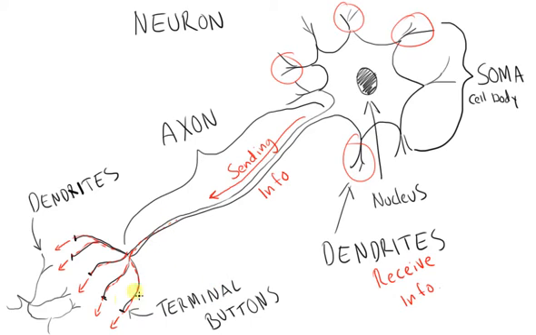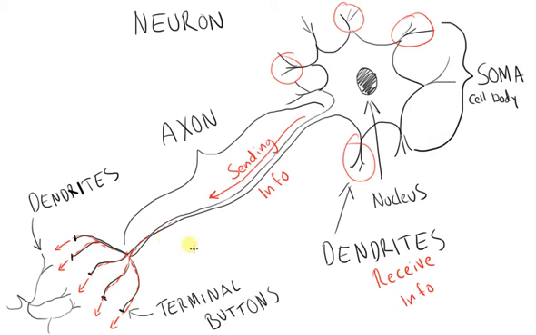And this is where the messengers that send the message are actually released, that communicate to the next dendrites, the next neuron. Maybe you've heard neurotransmitters, these little chemicals that are stored in these terminal buttons. They send the message, and yeah, they're stored in these terminal buttons.